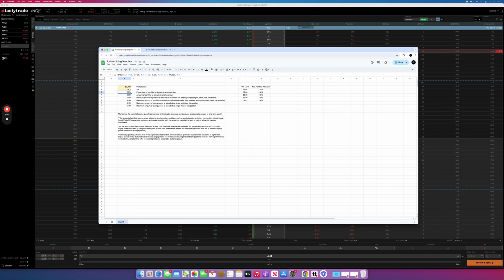Just because it's a smaller account, you just have to be more aggressive. There's no real way around it. But if you do have a larger account, 25k, 50k, 100k plus, you absolutely should not be violating these guidelines. And as long as you don't, you'll be absolutely fine.